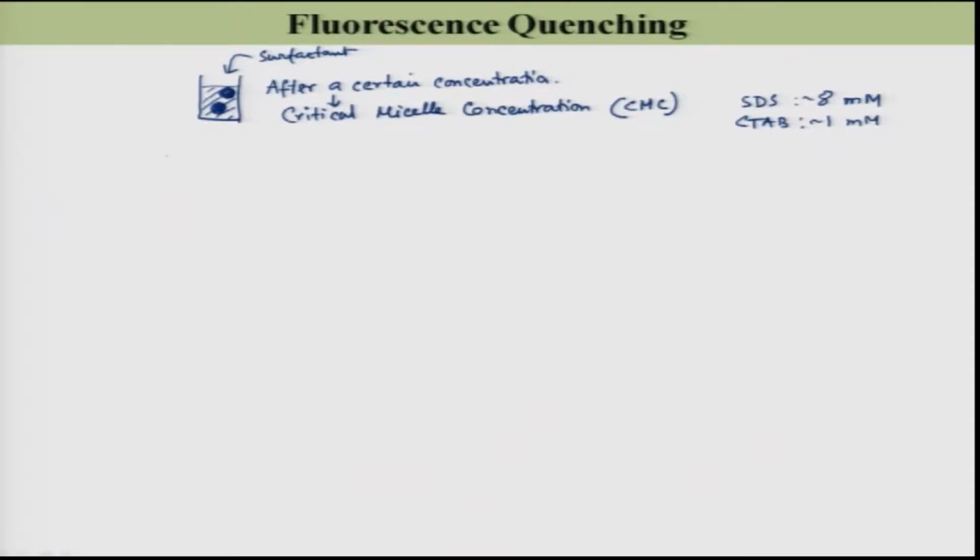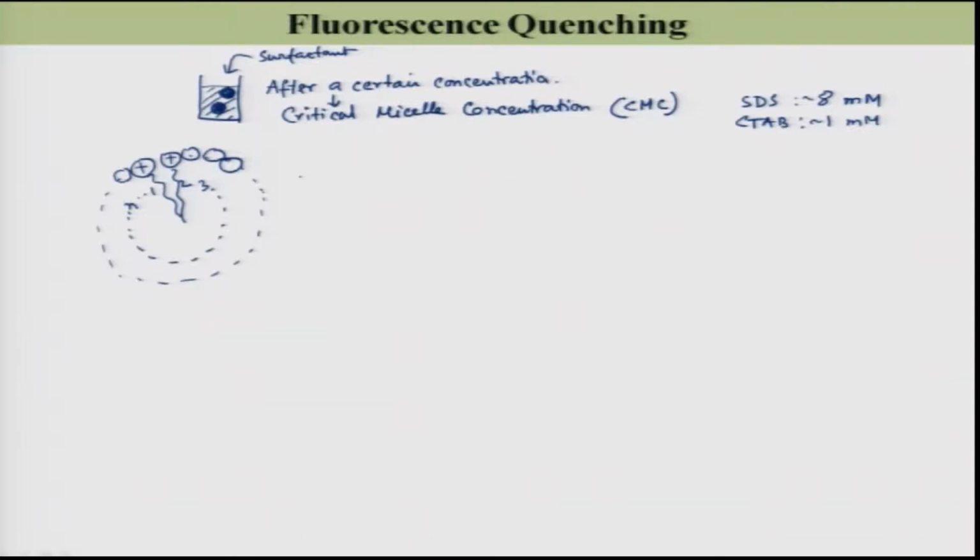Now, as I have drawn this figure, it consists of several surfactant molecules, 1, 2, 3, up to n surfactant molecules making this micelle. The question is how to determine this CMC value and the aggregation number.